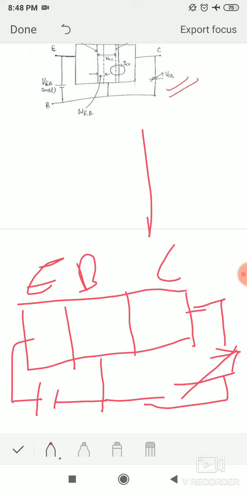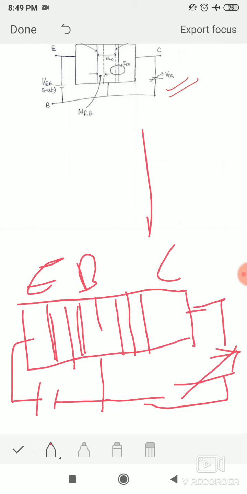VBC is negative, and first of all a constant voltage is given, so there is a constant depletion width here, and we vary it. When first minus 1 volt is given, this is the width. When minus 2 volt reverse bias, the depletion layer increases.